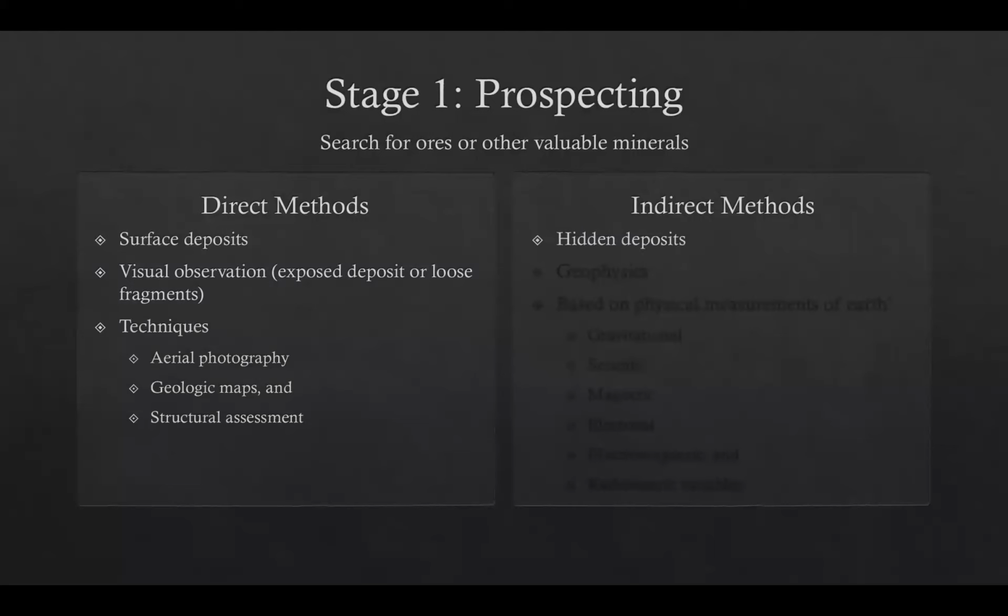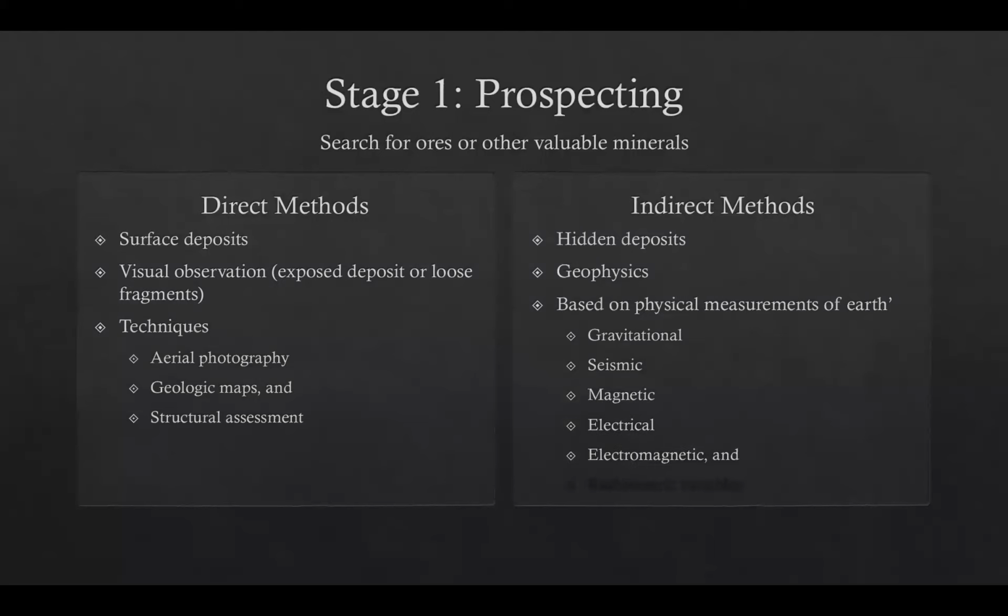Indirect methods are mostly used for hidden deposits. The most valuable scientific tool used for this purpose is geophysics. It detects the subsurface anomalies based on physical measurements of Earth's gravitational, seismic, magnetic, electrical, electromagnetic, and radiometric variables.